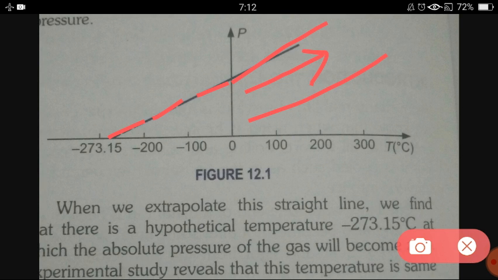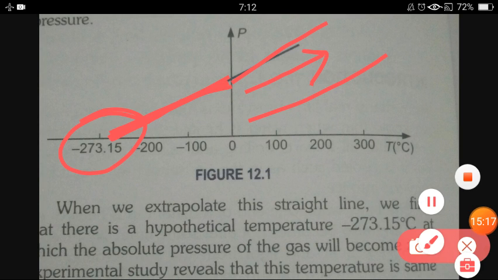Here we have simply assumed that this will happen. So we extrapolate the line backside, and it is meeting at this point. Here we have assumed that at minus 273.15 degrees Celsius the pressure of the gas becomes 0, and that's why we have chosen this temperature to be absolute 0.